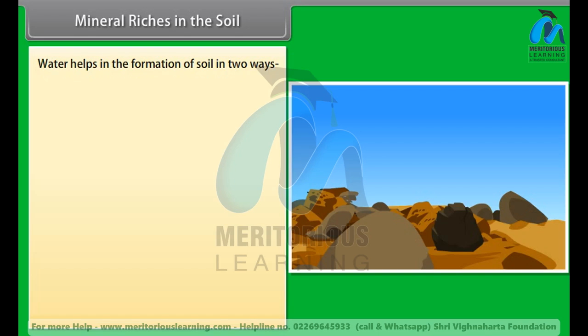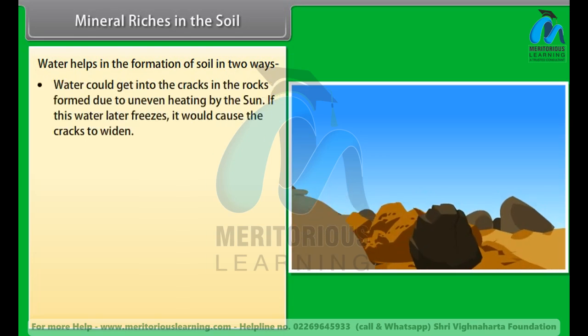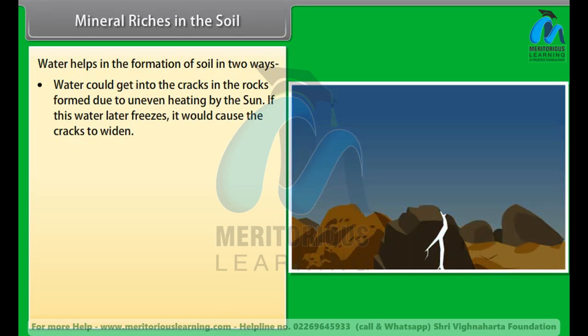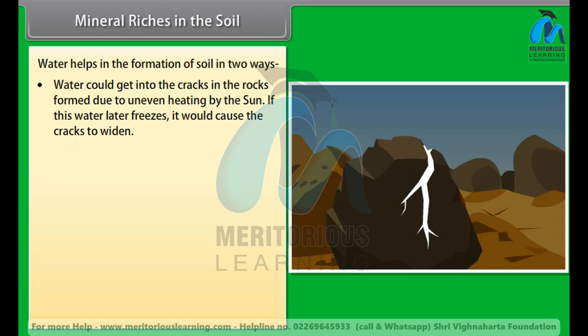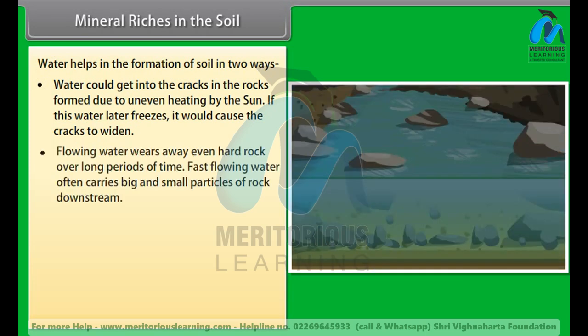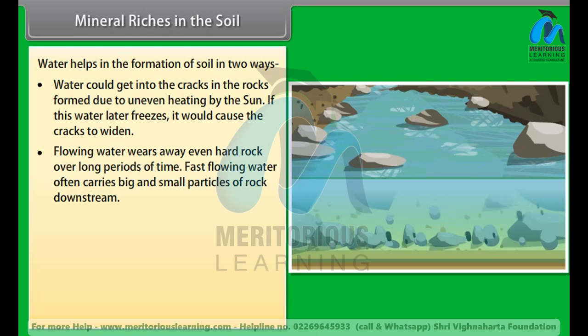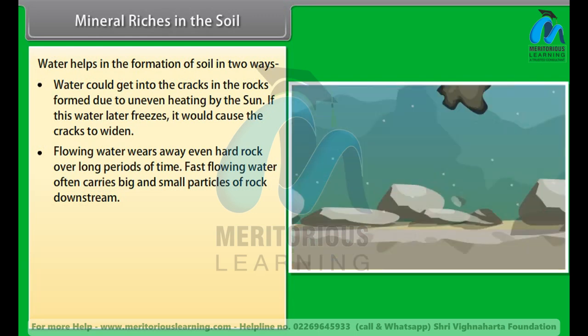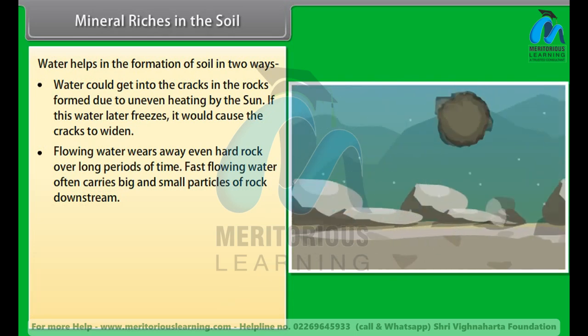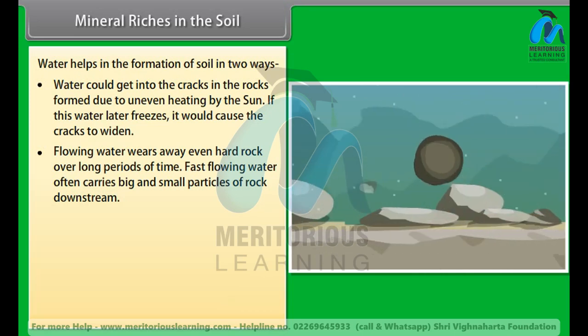Water helps in formation of soil in two ways. Water could get into the cracks in the rocks formed due to uneven heating by the sun. If this water later freezes, it would cause the cracks to widen. Flowing water wears away even hard rock over long periods of time. Fast-flowing water often carries big and small particles of rock downstream.